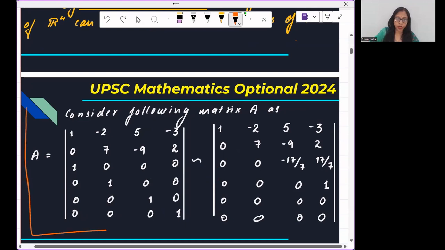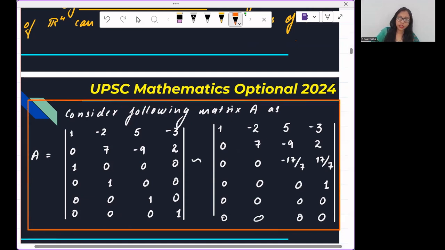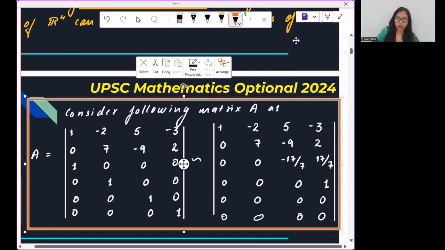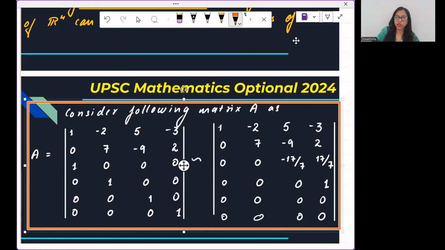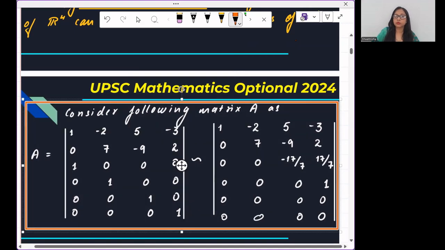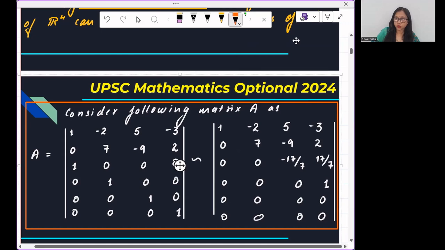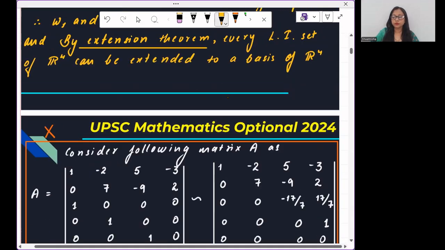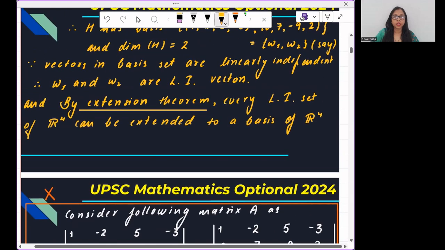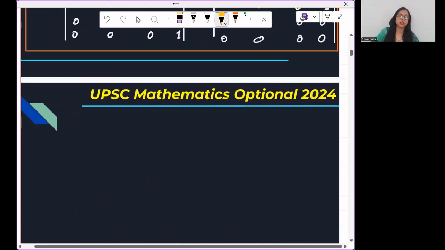So obtaining your echelon form and obtaining your extension of basis by this method will not be a wise choice in the exam, right? So what we need to do directly, by extension theorem, every linearly independent set can be extended to the basis.